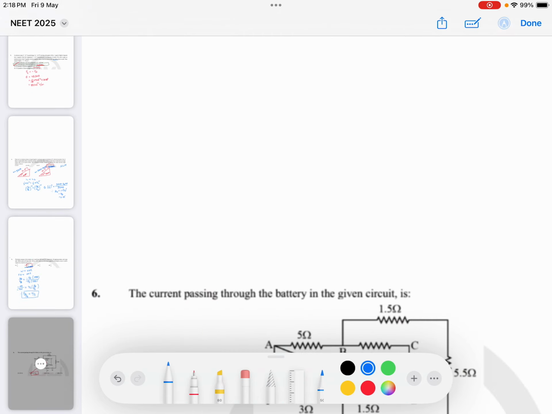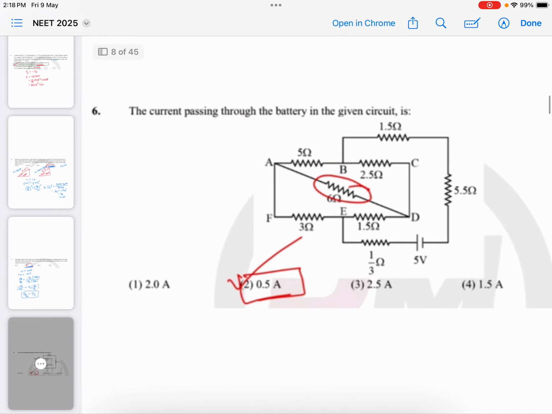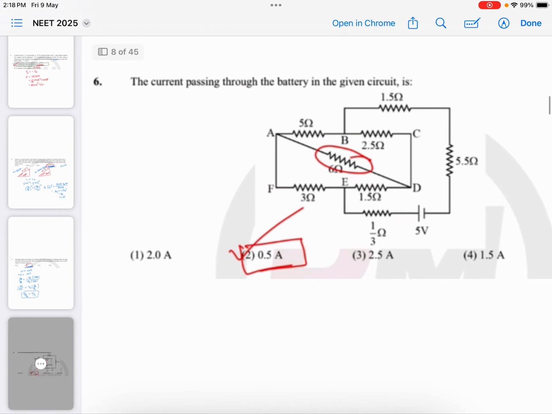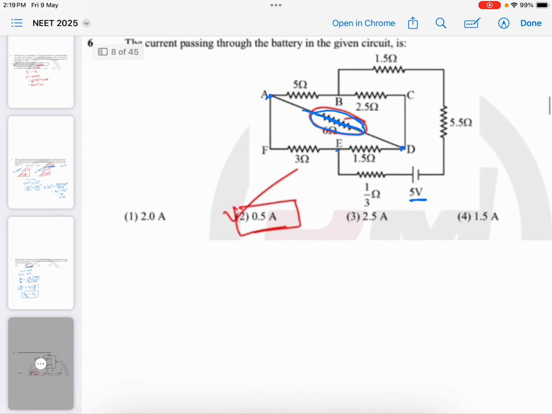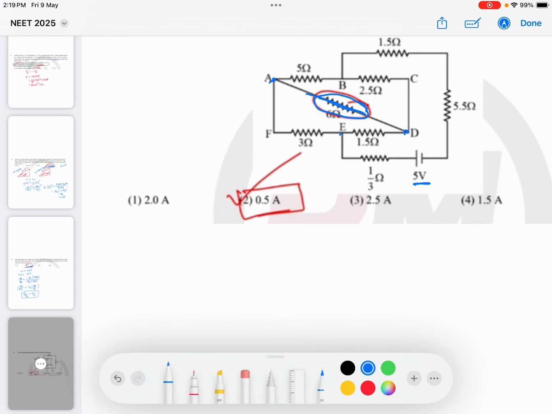And next question, which belongs to current electricity. You are applying the potential of 5 volts here. The potential at point D and point A is the same potential. So there is no current flowing through this middle resistance of 6 ohms. So this can be omitted, deleted. So this equivalent circuit can be drawn.